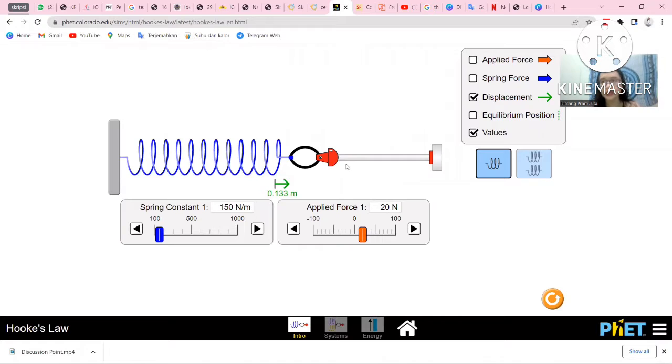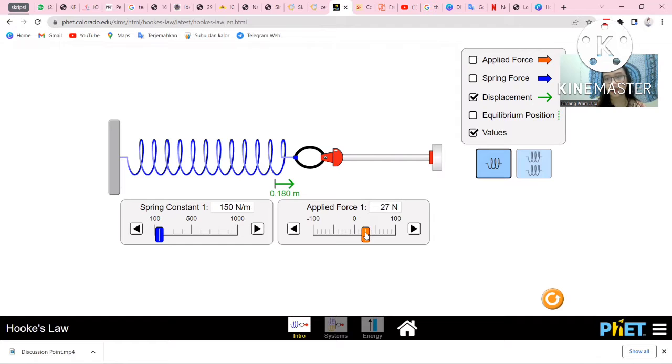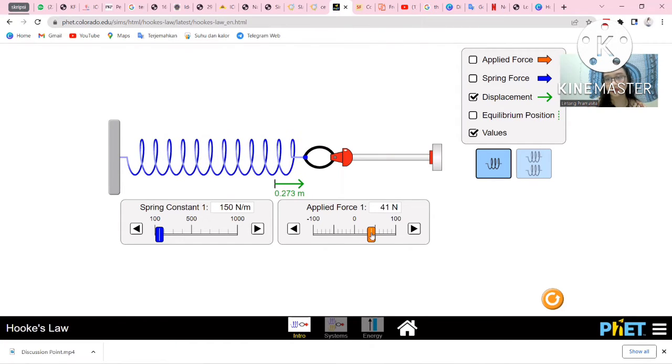So we can see that there is a displacement of the spring, and the value is 0.133 meter. And when we add more force, we apply 40 Newton. We can see the displacement value is 0.267 meter.